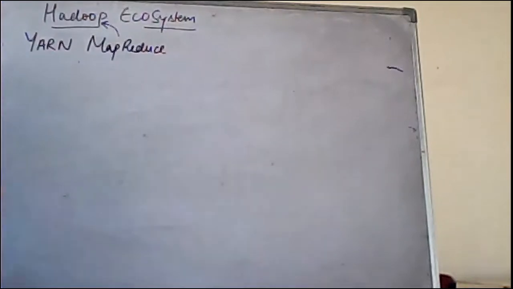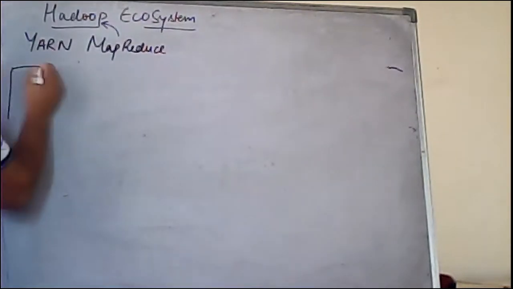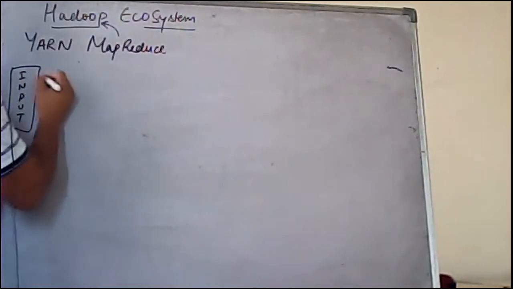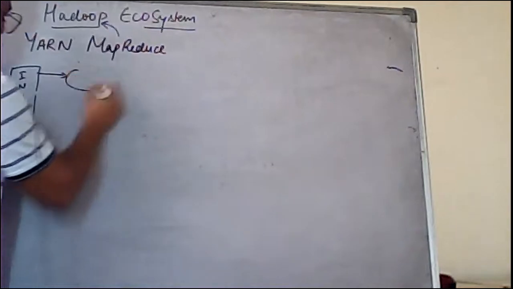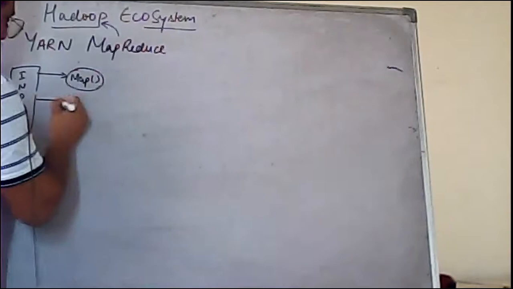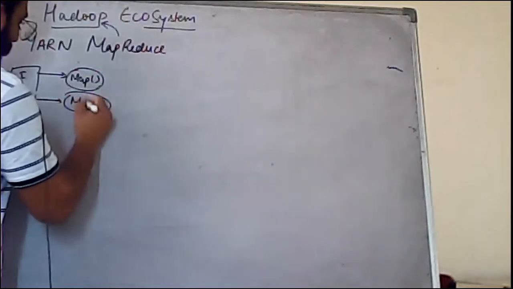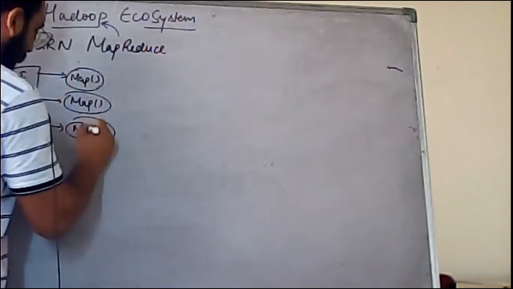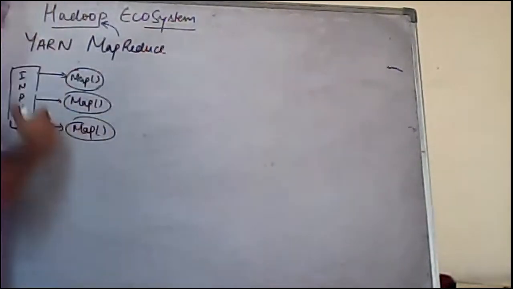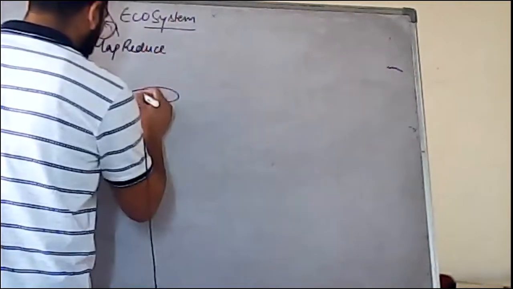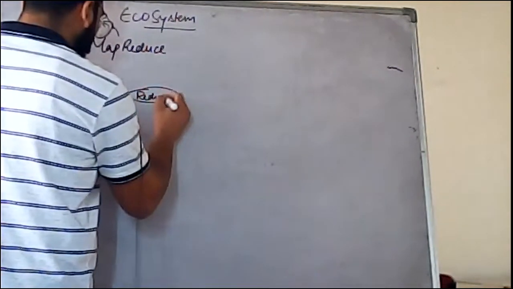Here there are inputs, any type of input, any type of unstructured data. Then there is a function that is used, that is map. First of all, we will use a map function, then we will reduce. Means we are mapping the data, and then there is a further function, reduce.